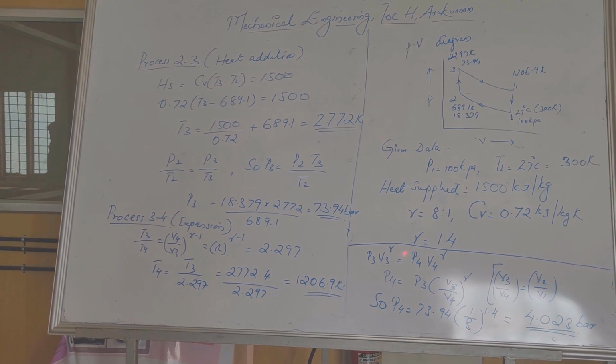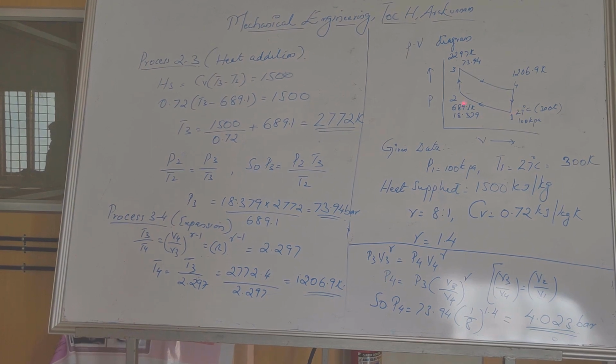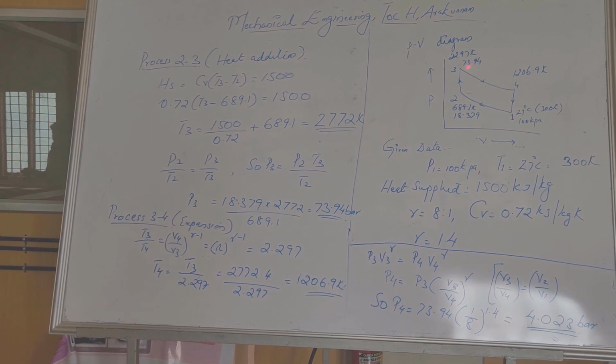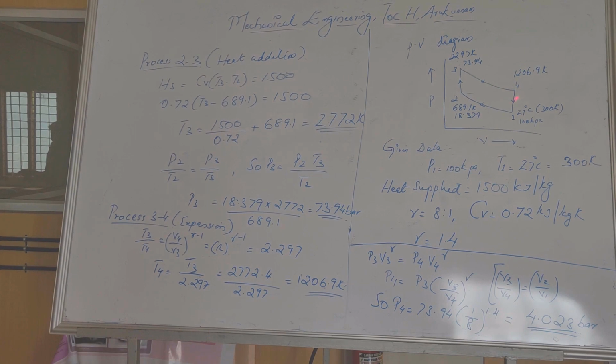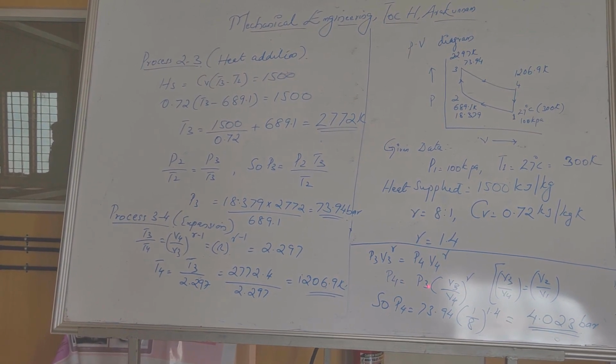As we are aware, P1 V1 raised to gamma is P2 V2 raised to gamma. So P3 V3 raised to gamma is P4 V4 raised to gamma. Now when we substitute this, P4 is equal to P3 into V3 by V4 raised to gamma.